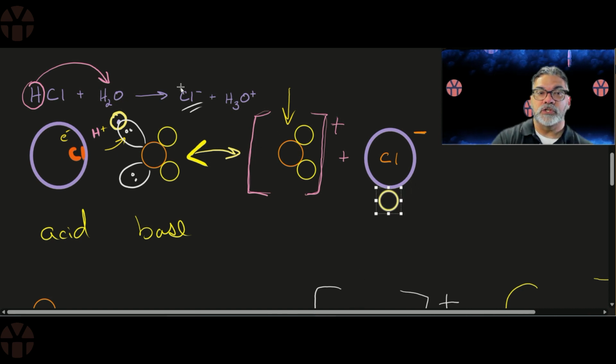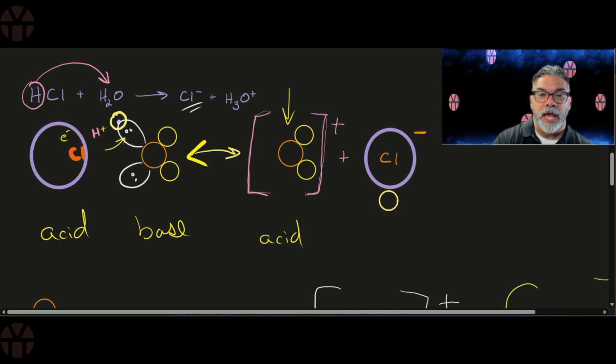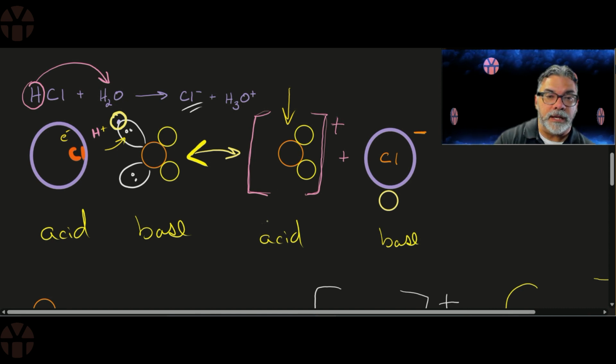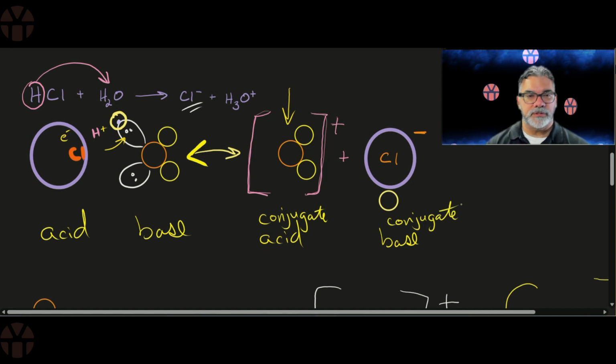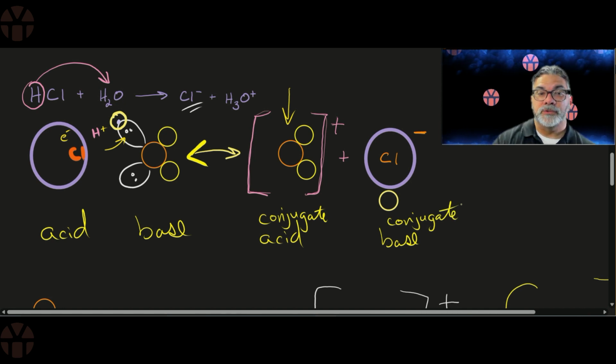So in this case, the hydronium ion is going to be my acid, and the chloride ion is my base. However, since they're on the product side, you guessed it, this is now a conjugate acid, and this is a conjugate base.